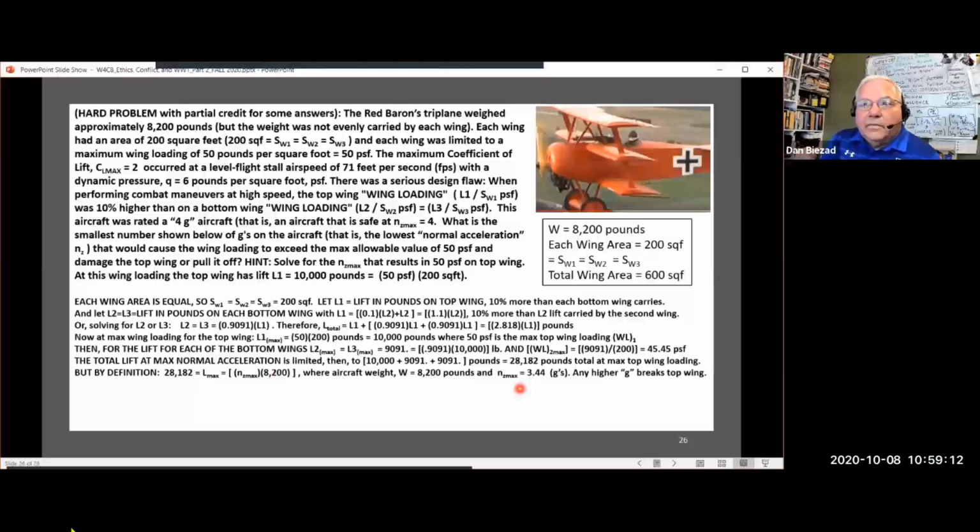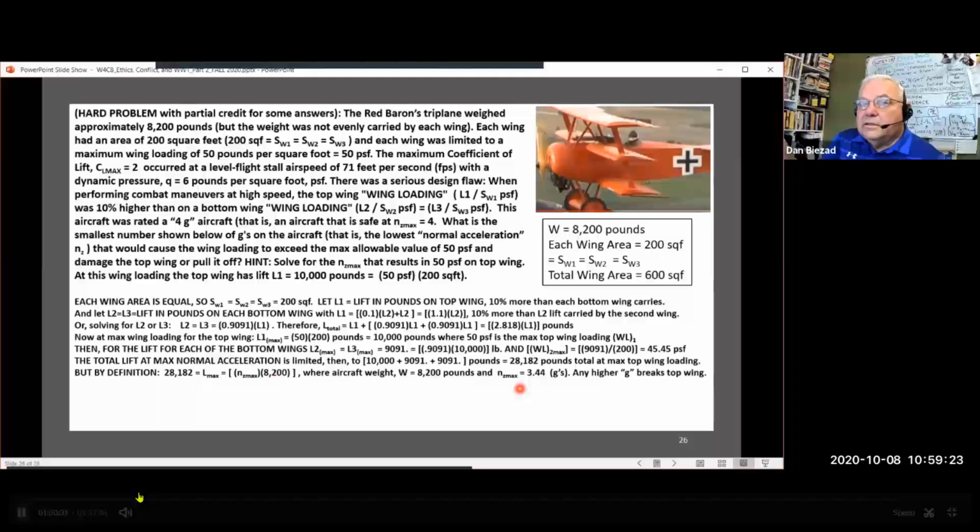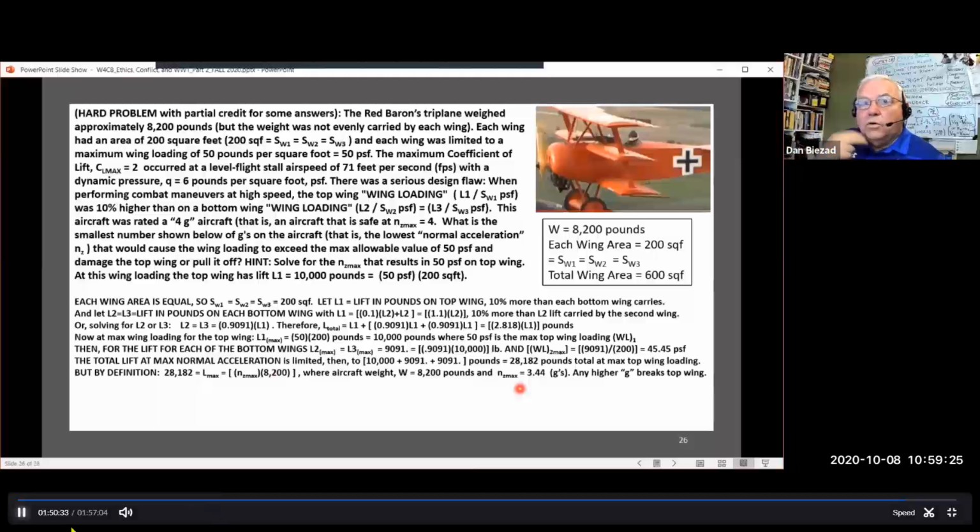So if the Red Baron pulls 3.44, he's put 10,000 pounds of lift on the top wing. If he pulls any more, if he goes to 4G, what's going to happen? He'll break the airplane. You see that? Okay. Now, what speed is he going when he goes 3.44 Gs?